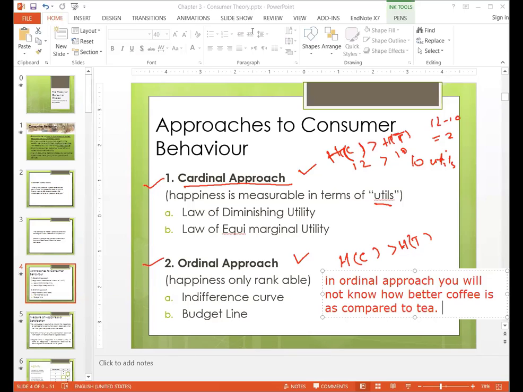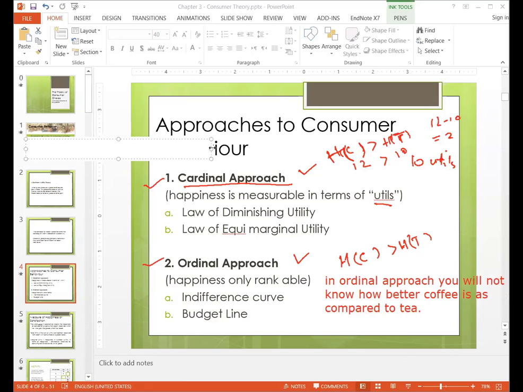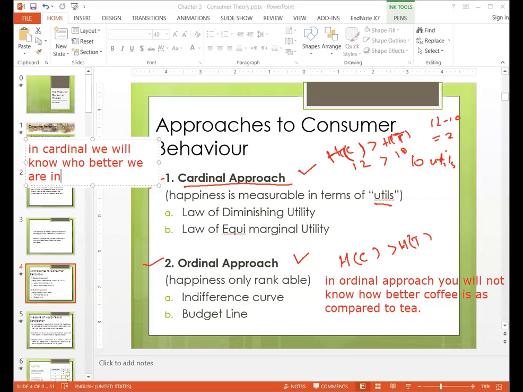So in cardinal, we will know how much happier we are with coffee as compared to tea.